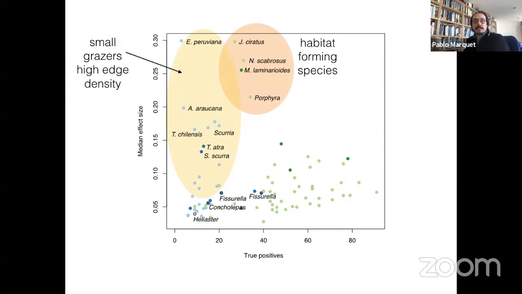These are species that by themselves provide habitat for other species, where other species can recruit, for example, where larvae can settle down. These habitat-forming species have a very high effect size, which is a measure of the correlation that they observe. So they are highly correlated, the same as some of the small grazers that are highly connected to many other species.